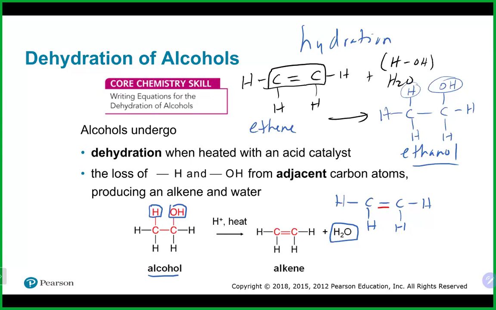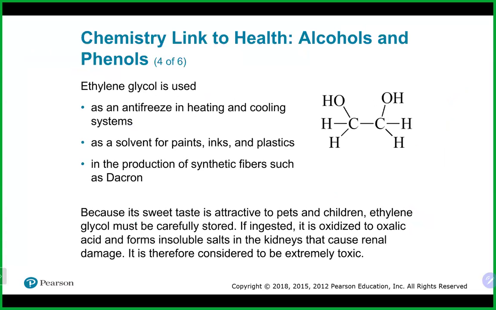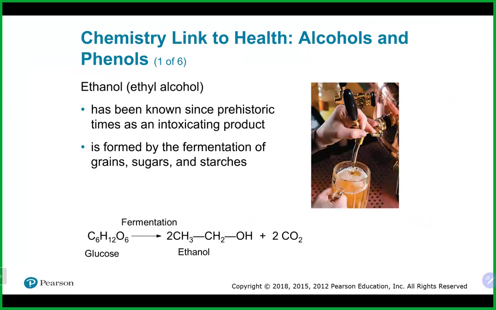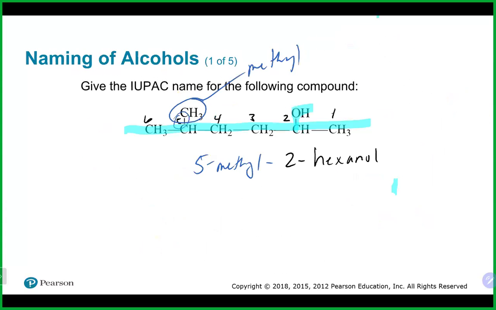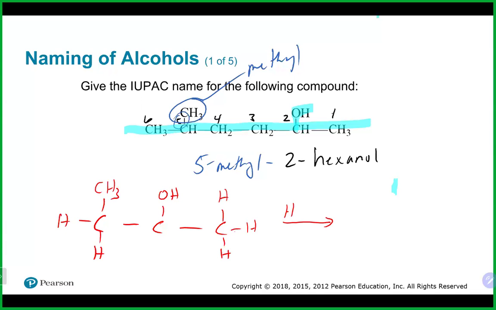So it is possible that you could have a situation. Let me start somewhere to draw, maybe here. So let's just say we were going to dehydrate this guy with a little H plus.